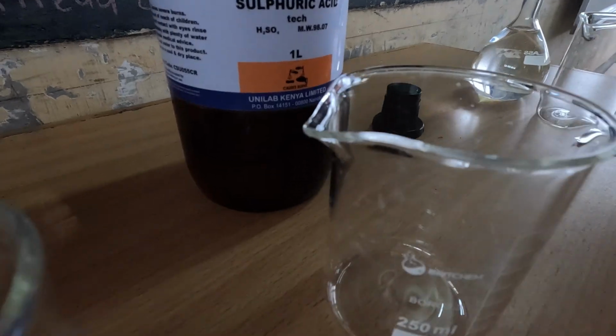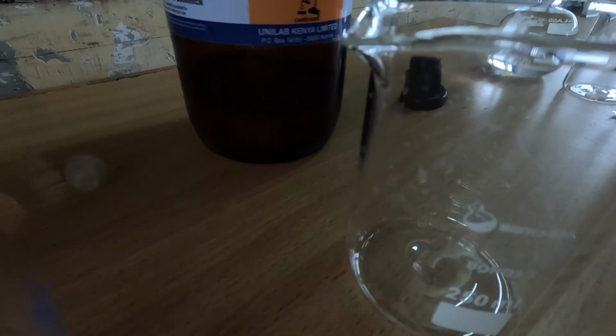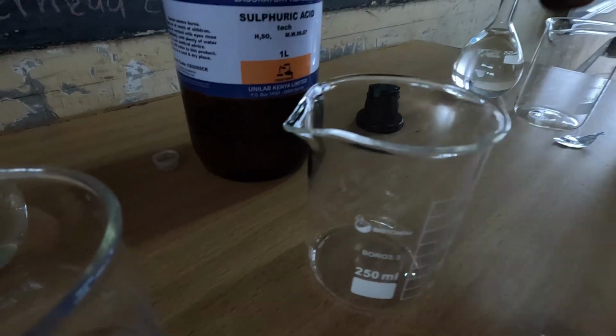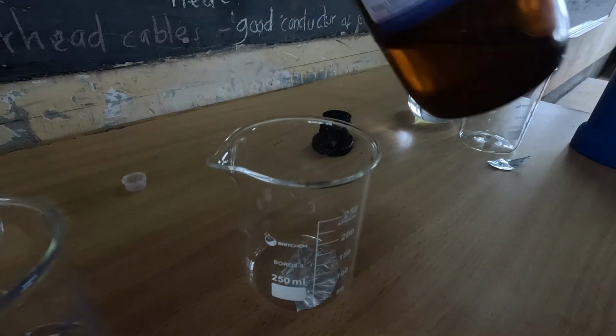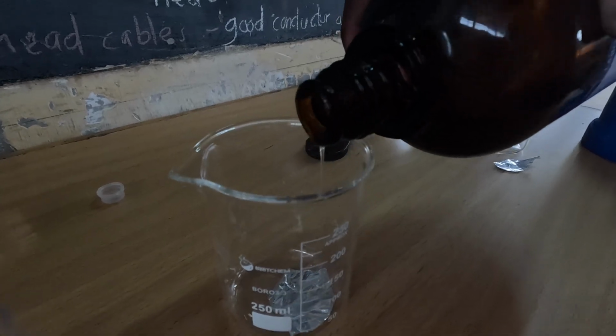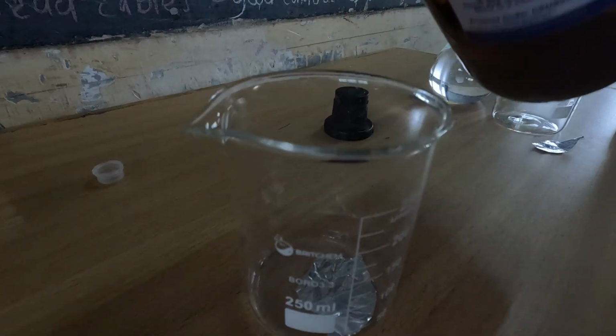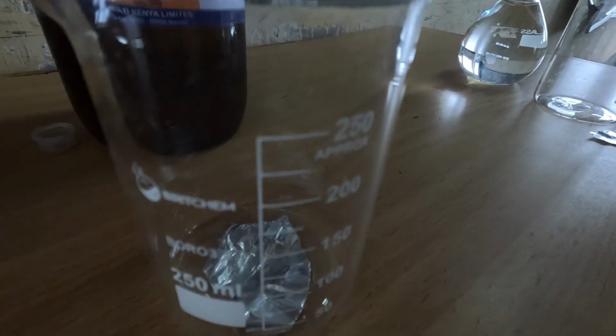I'm going to open it, and after opening it, I'll add it inside our aluminium. As we wait for some time for it to react, remember, as usual, the coating must be removed for it to start reacting.